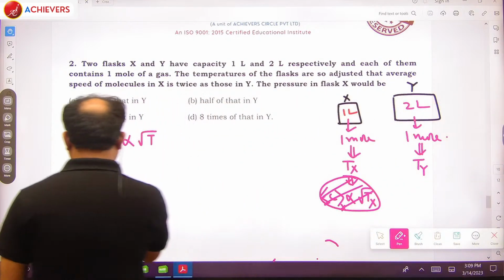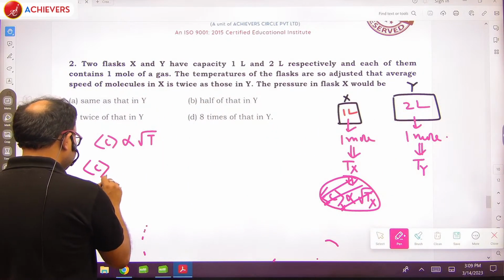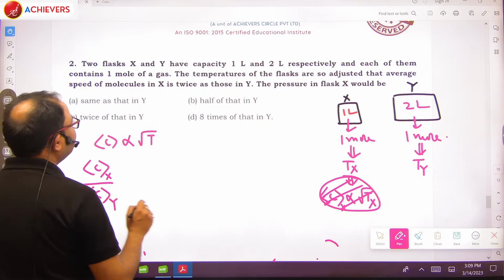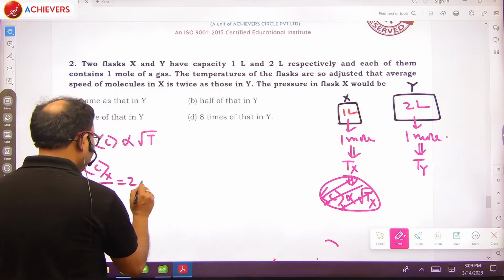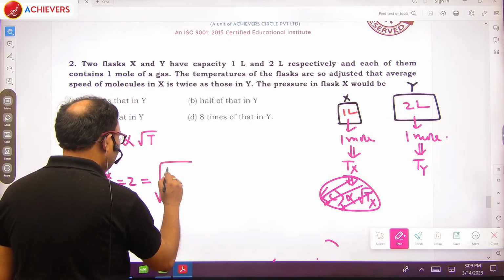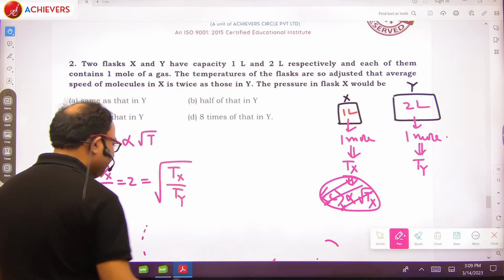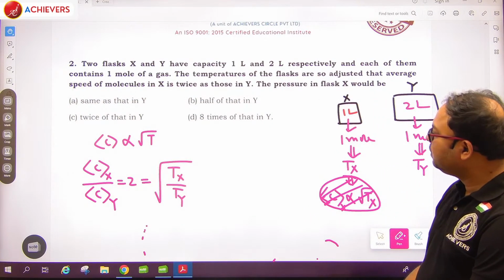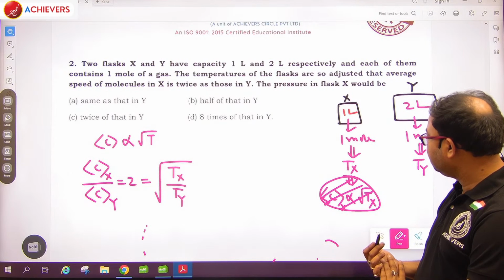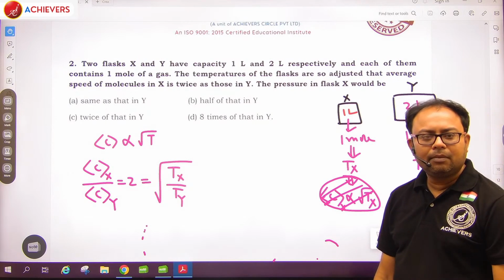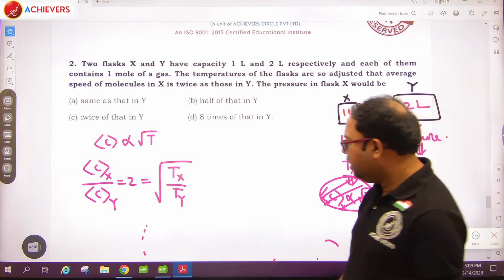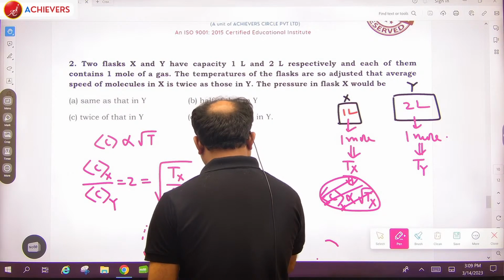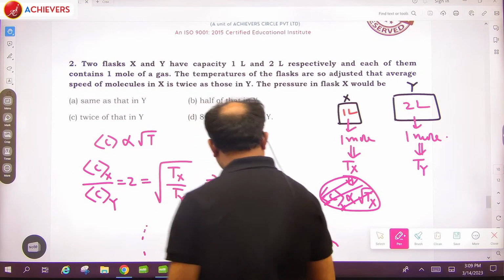And they have given Cx by Cy to be equal to 2, and that is equal to root over of Tx by Ty. So from here, you are getting Tx by Ty to be equal to 4.